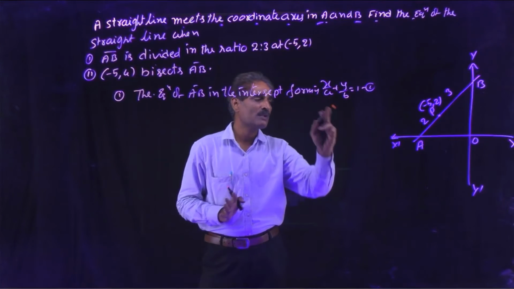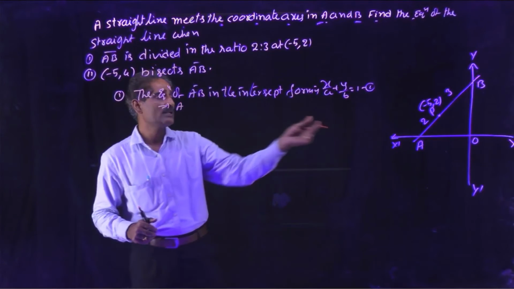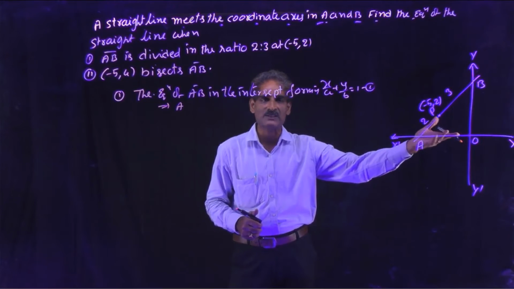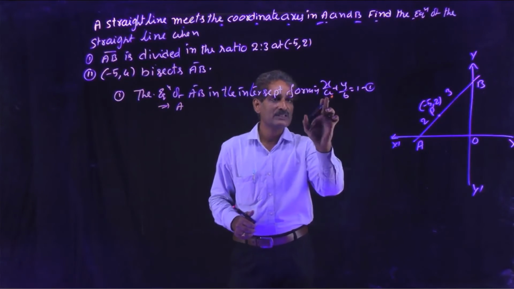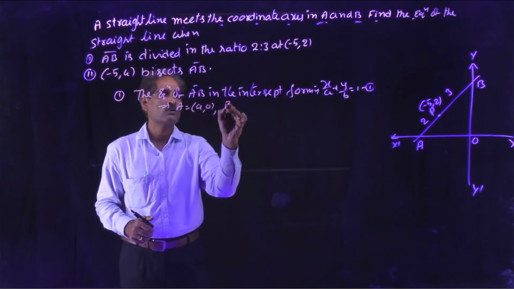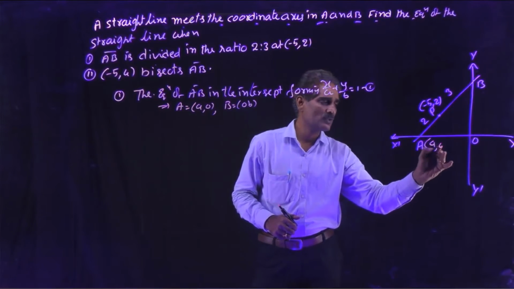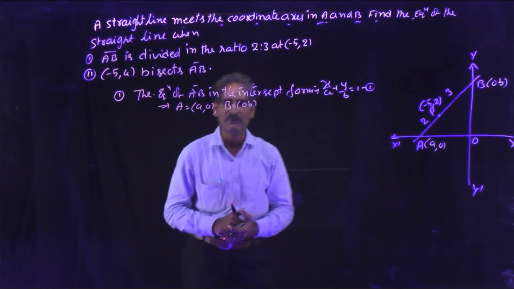Now what about the coordinates of A and B? Already A and B are the intersecting points of this line on the x and y axes. Therefore the x-intercept is a, so the coordinates of A are (a, 0) and the coordinates of B are (0, b). We have to find the a and b values.